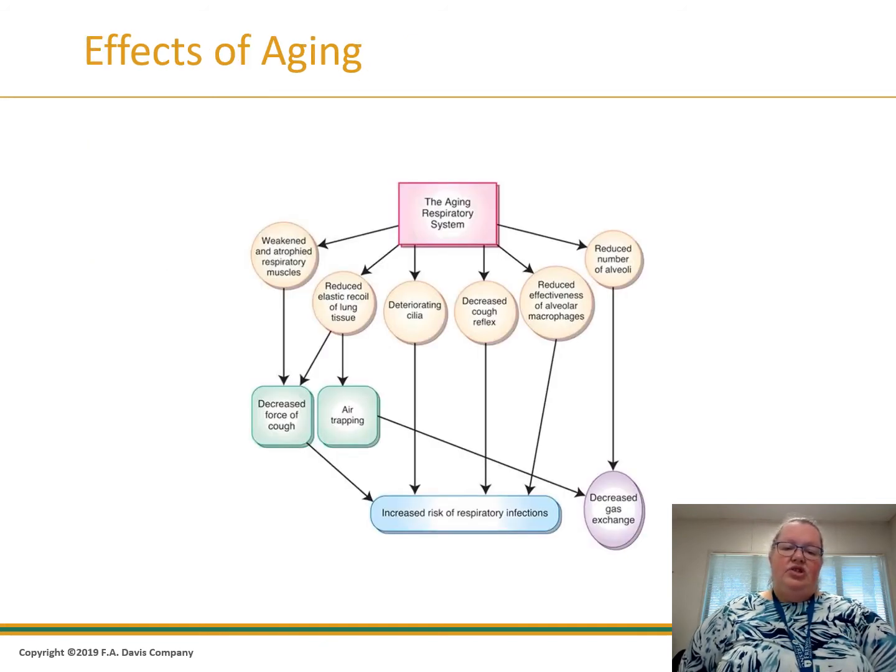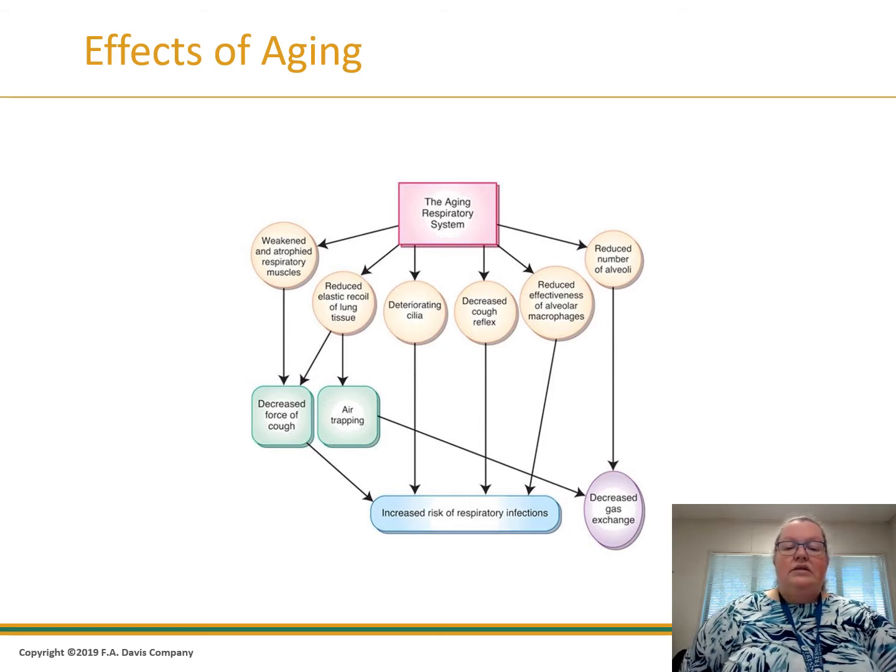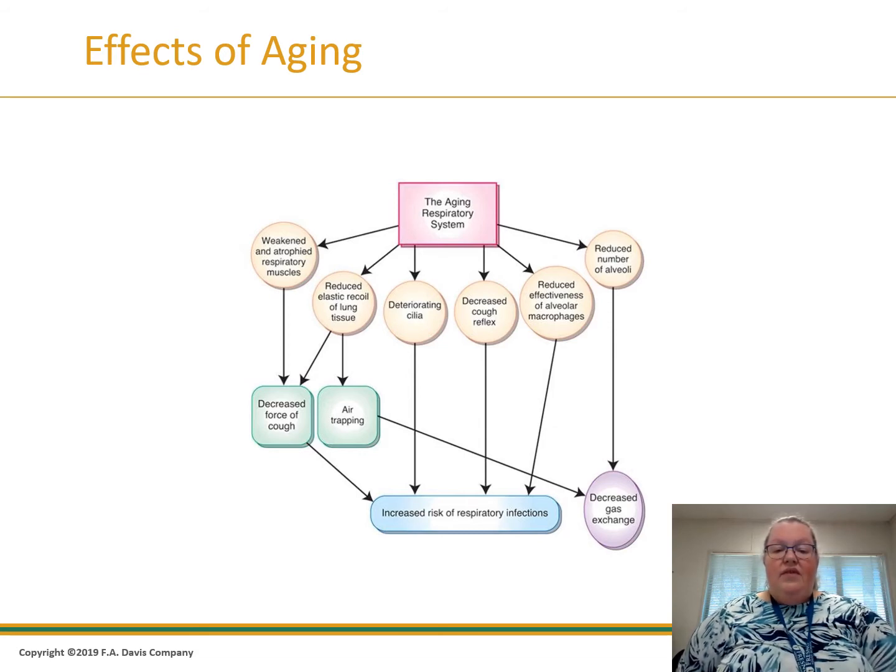The effects of aging. The aging respiratory system sometimes has weakened and atrophied respiratory muscles, reduced elastic recoil of the lung tissue, deteriorating cilia, decreased cough reflex, reduced effectiveness of alveolar macrophages, and reduced number of alveoli.